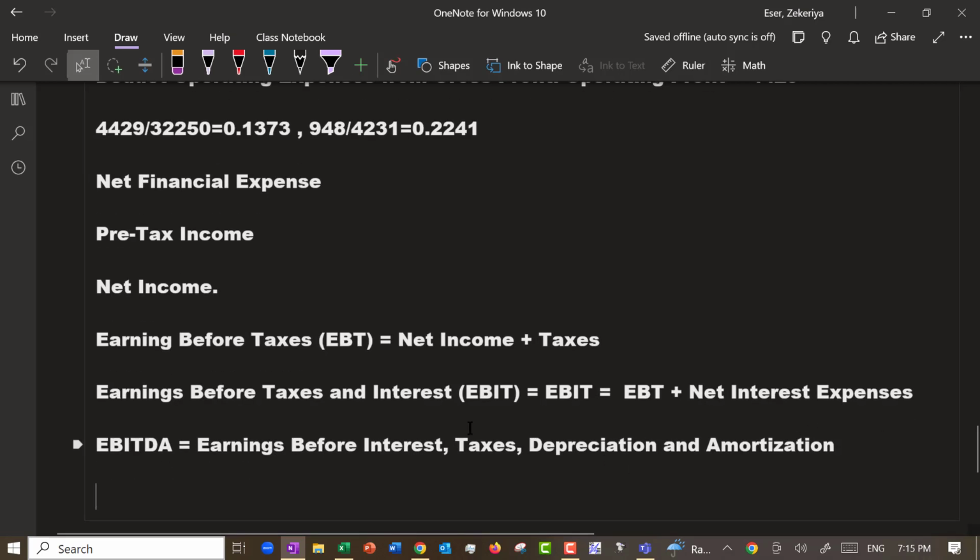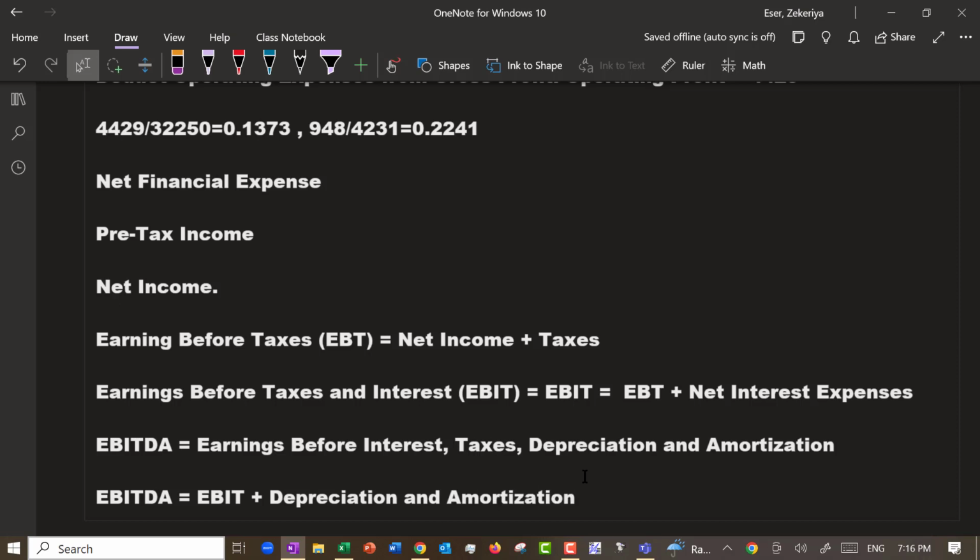But in nature, it's similar to depreciation. And EBITDA, obviously, is then the EBIT plus depreciation and amortization.